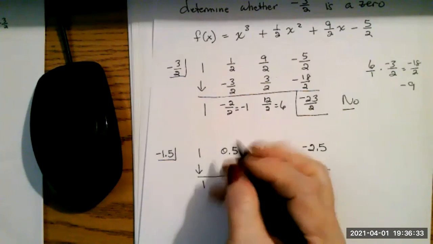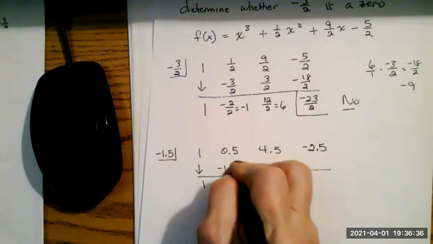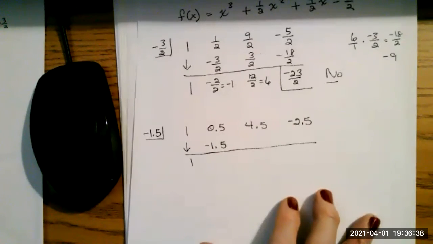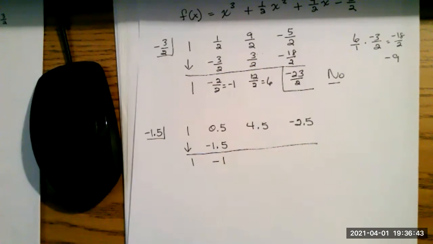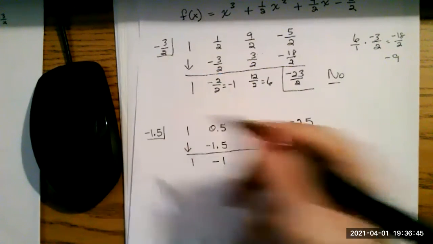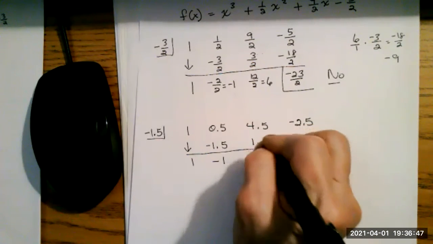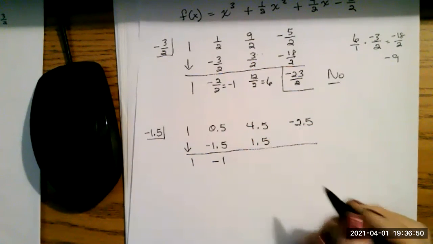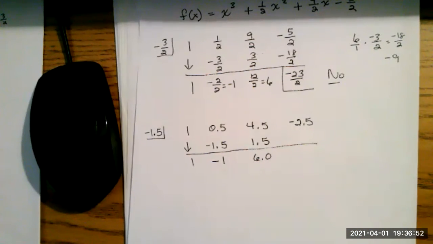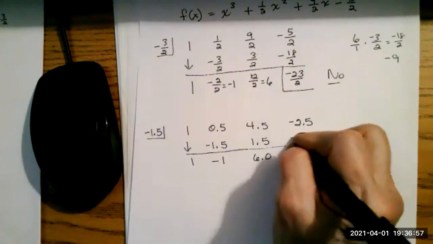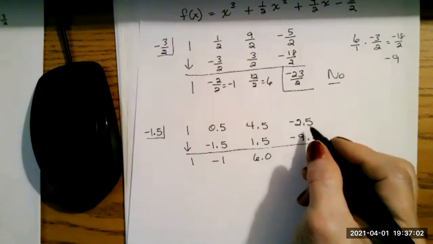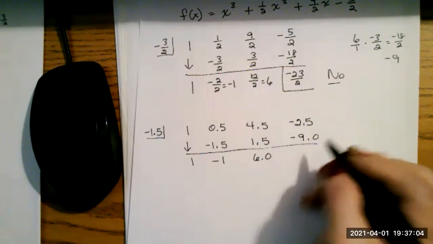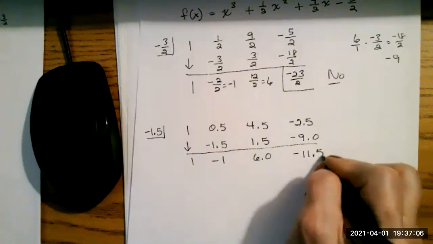So bring down the 1, and 1 times that would be -1.5, and -1.5 and 0.5 is -1. 1 times that is +1.5. 4.5 and 1.5 is 6.0. 6.0 times -1.5 is -9.0, and -9.0 and -2.5 is -11.5.